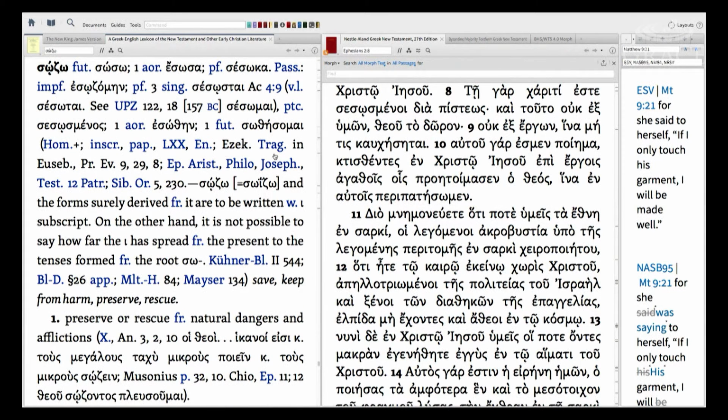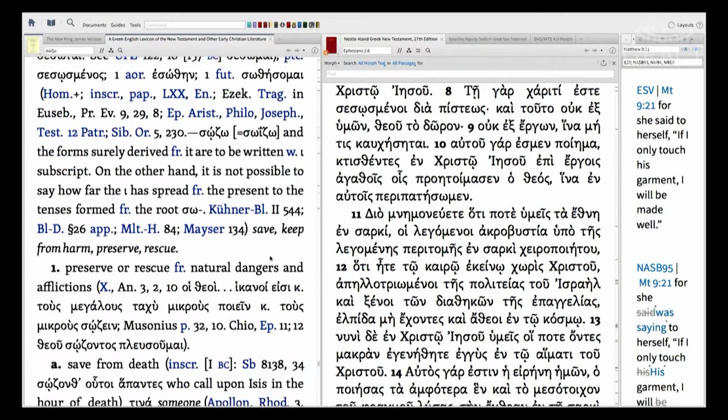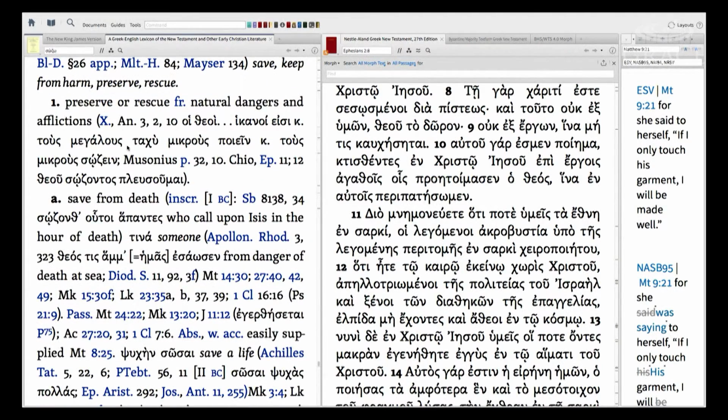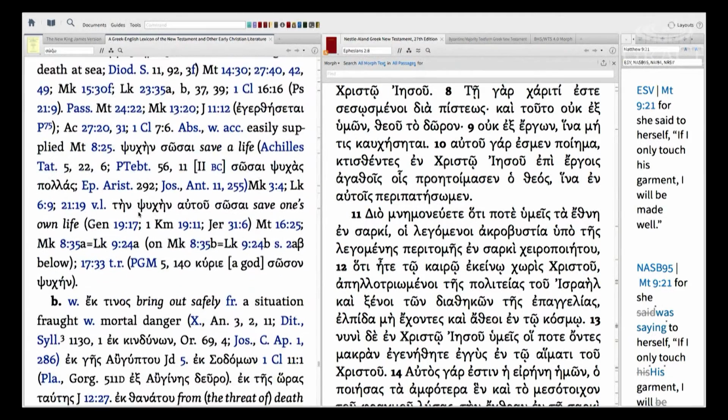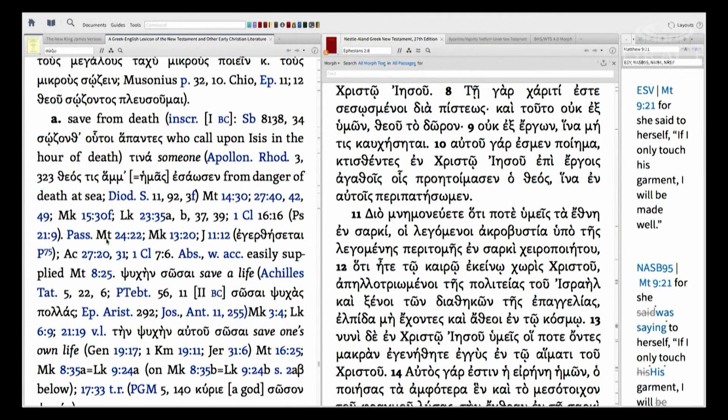We get Bauer and Gingrich's Lexicon of the New Testament, the best one-volume lexicon in the world on the New Testament Greek, and it lists several meanings. One is to preserve or rescue from natural dangers, save from death, which is a little a under B.